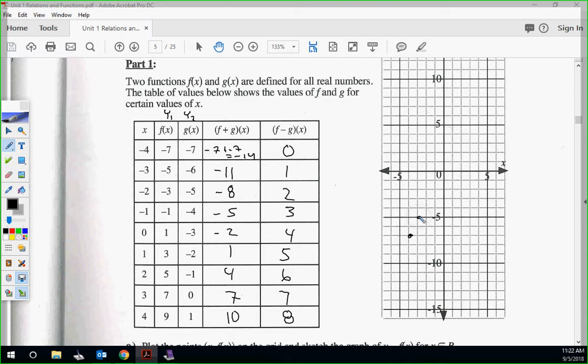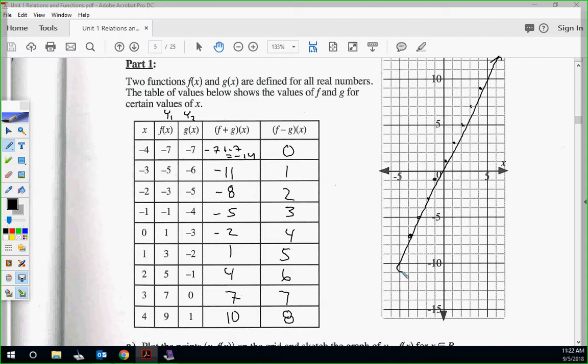There. -2, -3. So that's roughly what that looks like. Let's see how far does it go. It goes to 4, 9. All right, so there's our line for x, f of x. Let's see how straight we can make this here. A little bit missed, but not bad.